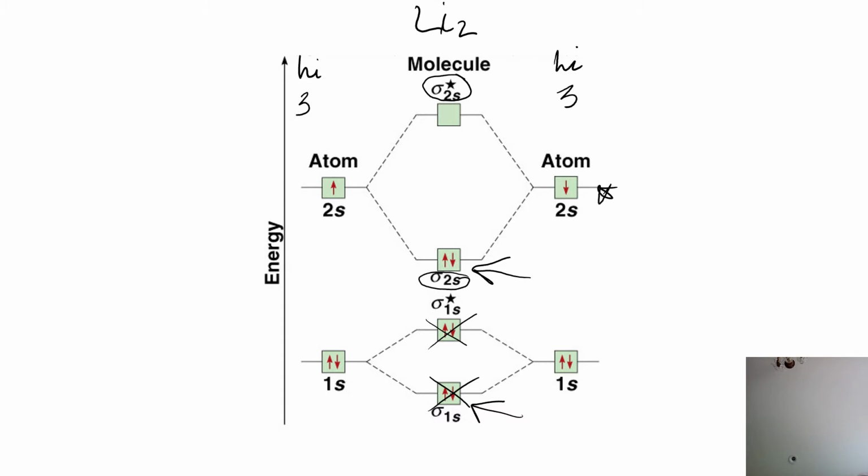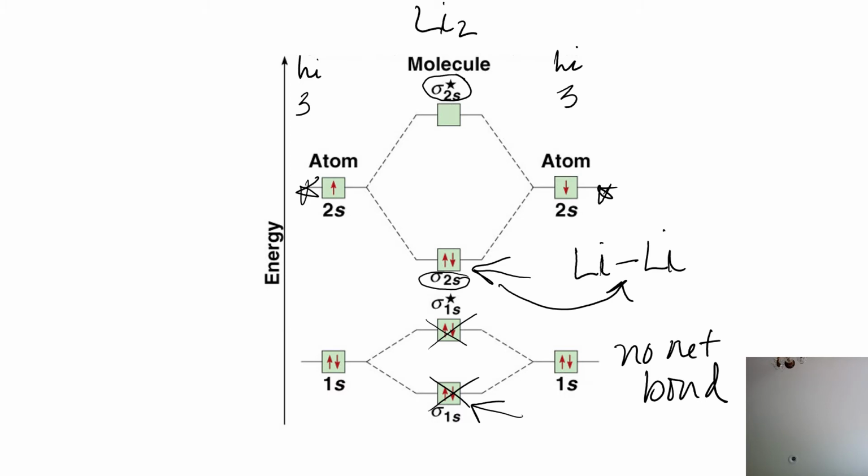These are the valence electrons for lithium. So that single bond for lithium comes from that 2s sigma bonding orbital. Maybe I'm going to call this no net bond, and this is where our sigma bond is coming from.